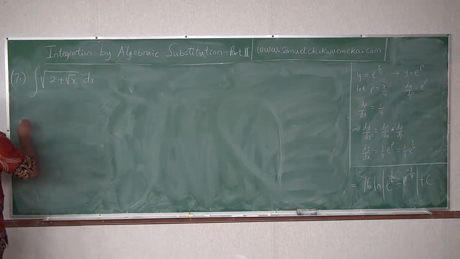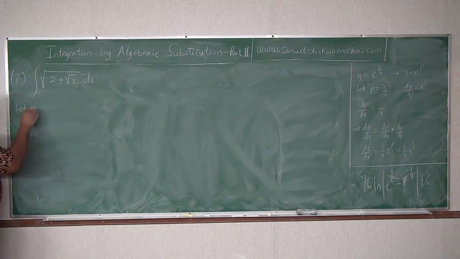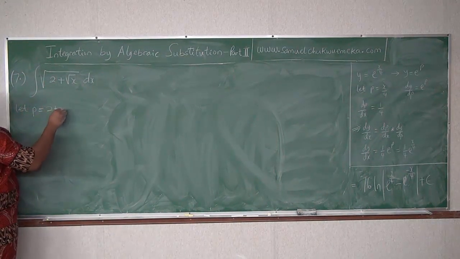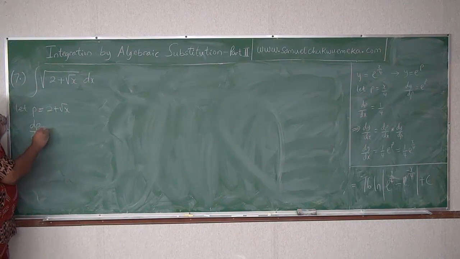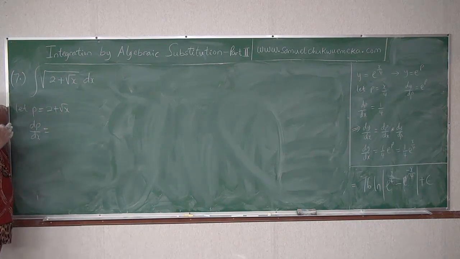So we say let p be 2 plus square root of x. The dp/dx will be the derivative of square root of x.